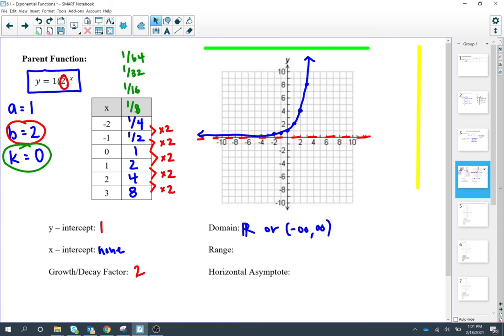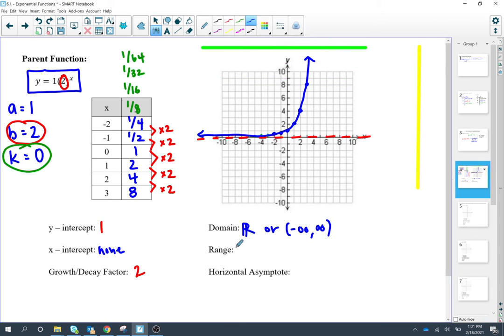Then we have our range, how far low, how far high. Well, low, it doesn't come down here, because remember we said it kind of stops or gets really close to the x-axis, but it never touches it. So this would be 0, and then it gets bigger and bigger and bigger.